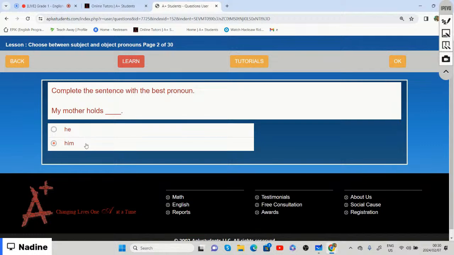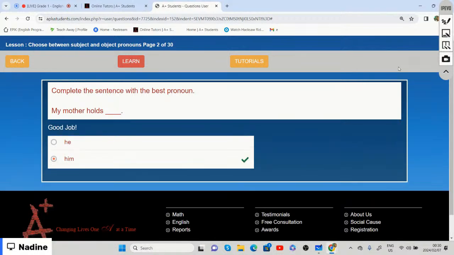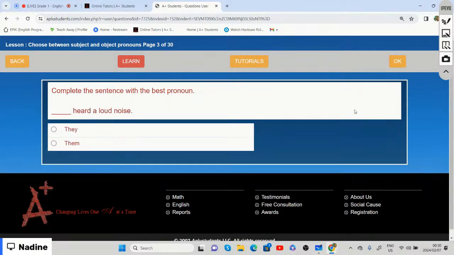Him is correct because we have an action verb and him comes after the action verb. So my mother holds him. And that is correct. Well done, everybody.